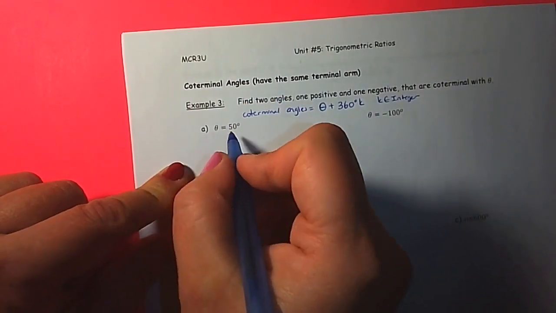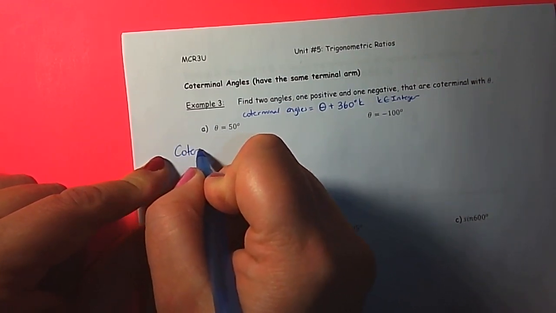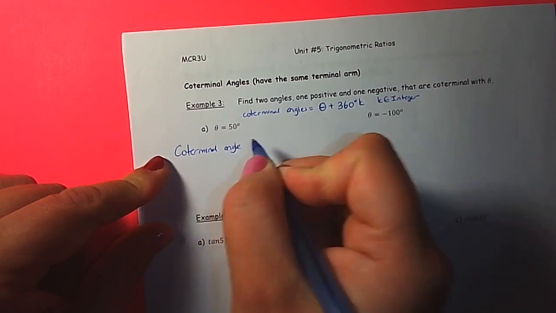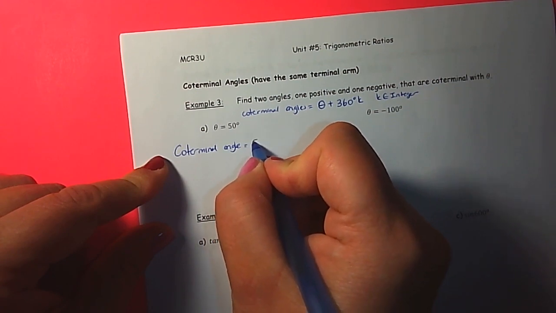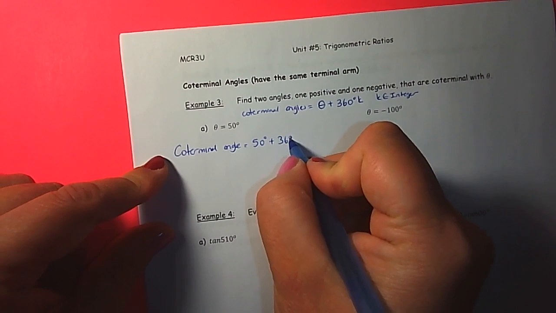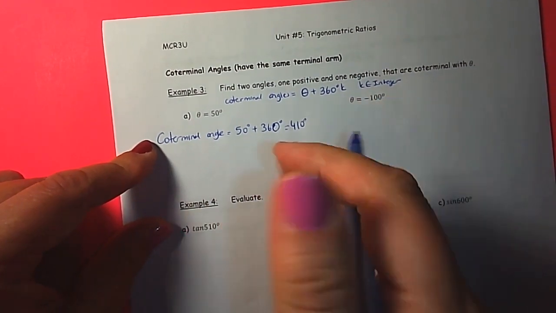To get a coterminal angle for 50, let's say we want a positive one, so we can add 360 to it. That gives us 410 degrees.